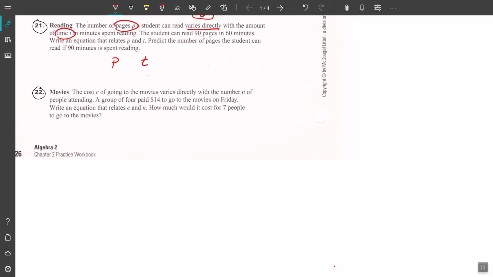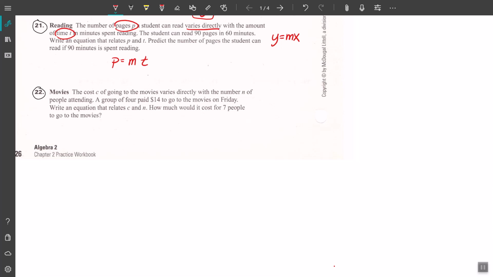And if they vary directly, then we can come up with the constant of variation. So I'm going to put an equal sign here and write my m in, because we've been calling our constant of variation m. When we write it out, this is just another version of y equals mx.